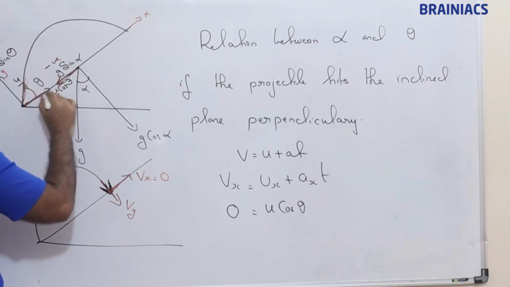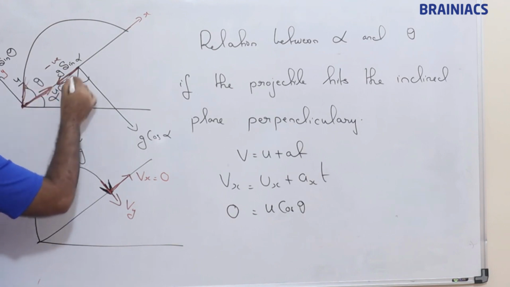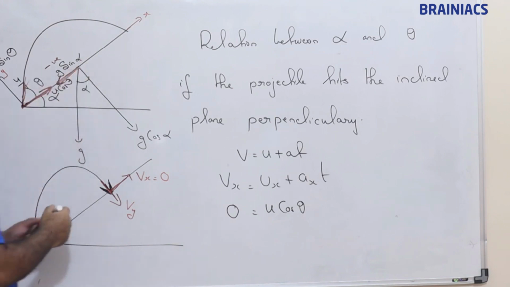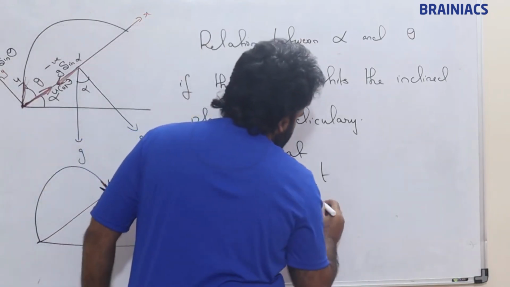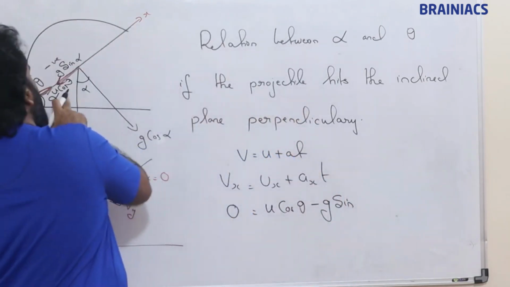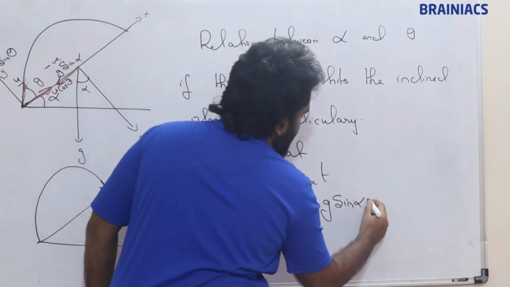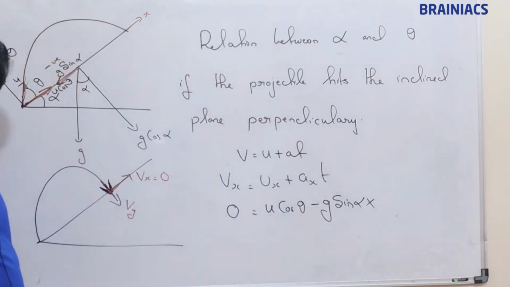If we consider the displacement or velocity in this direction, this acceleration is opposing it. So we can write minus g sin alpha into time. So what is time here?